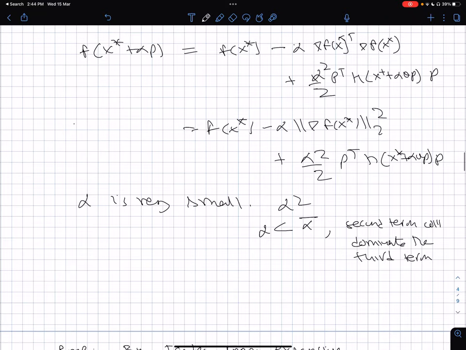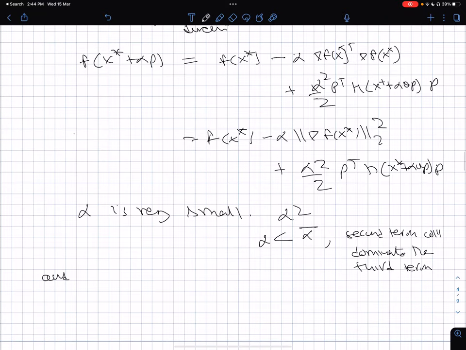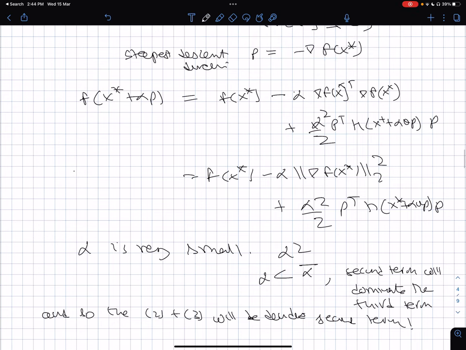And so the sign of the summation of the second plus third term will be decided by the second term. Now I have assumed that the gradient is not zero, so this term is obviously positive. It's not zero.